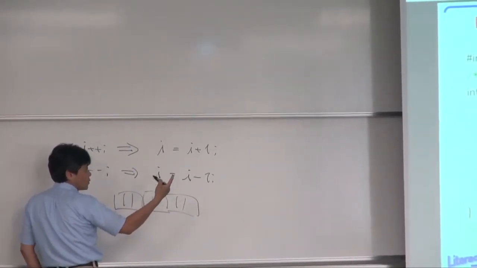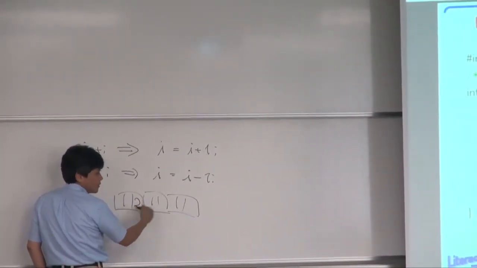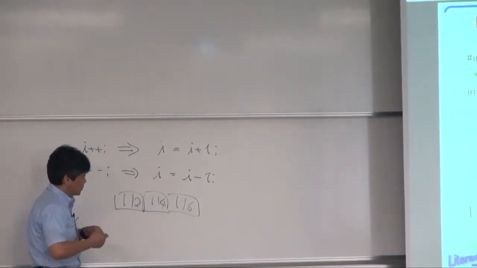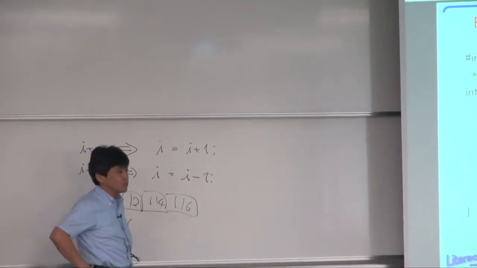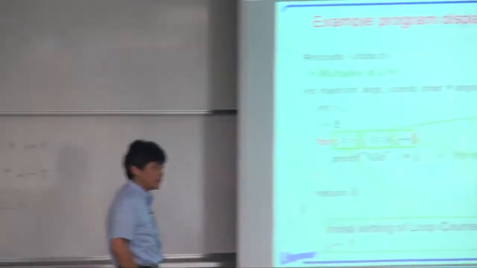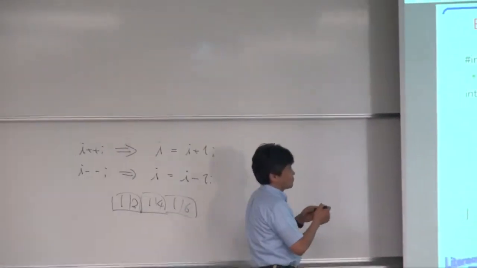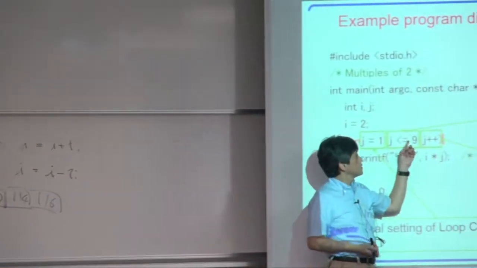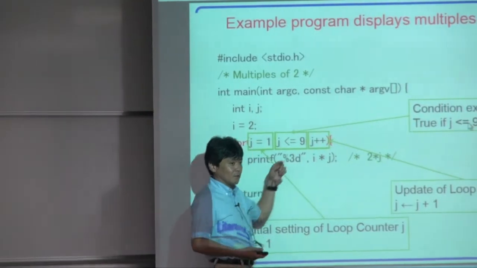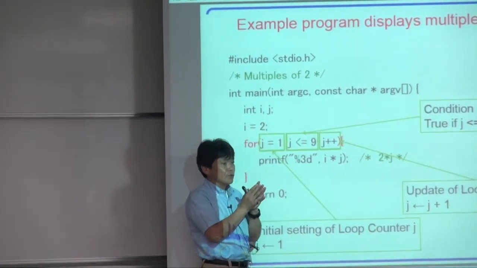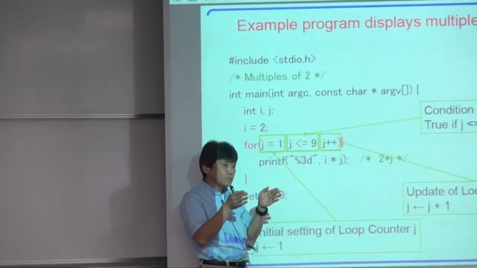So first 2 is displayed, and 4 and 6, so in this case you don't need to put any spaces. However, if the value is bigger, the result will need 3 spaces, 3 places.